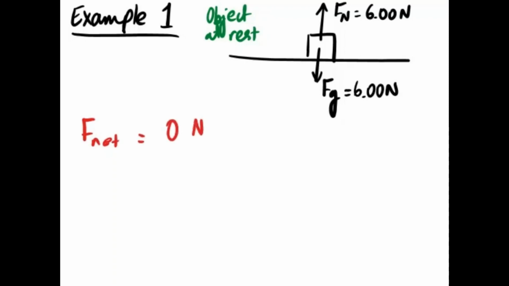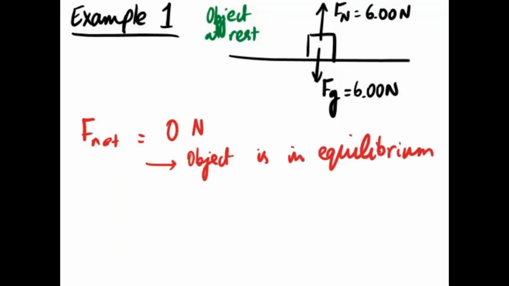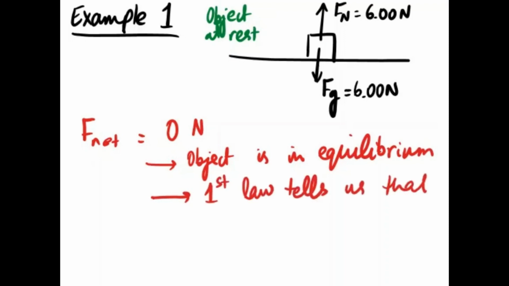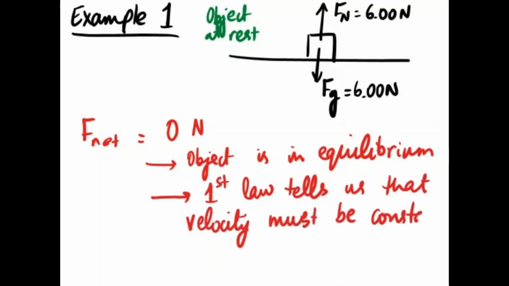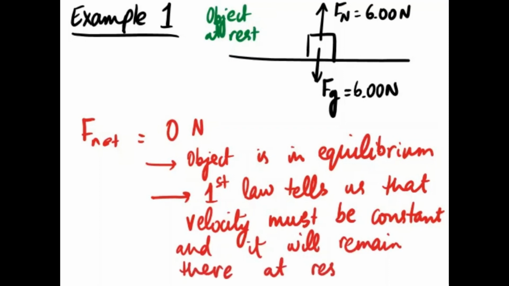The net force is 0, which means that it is in equilibrium. And the first law tells us that velocity must be constant. As you know, the book is at rest on the table, so it means that the book will remain on the table as long as there's no net force applied on this book. And it will remain at rest.